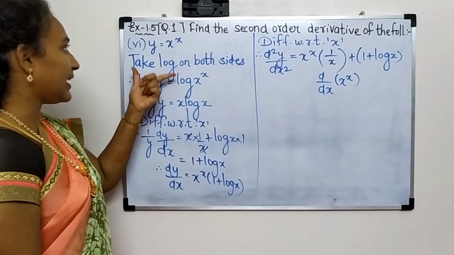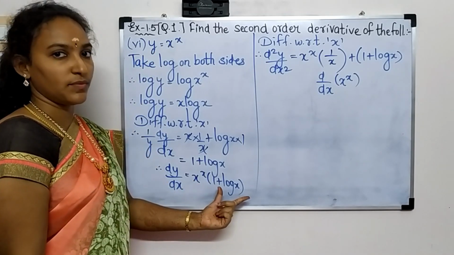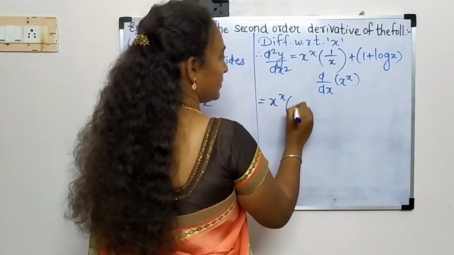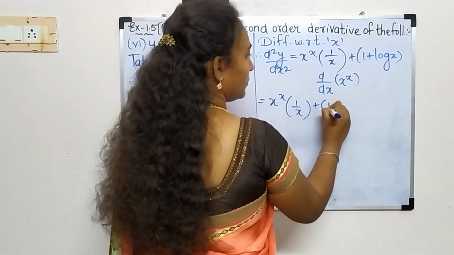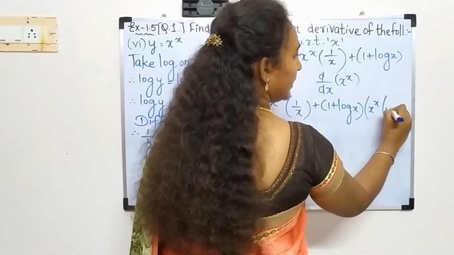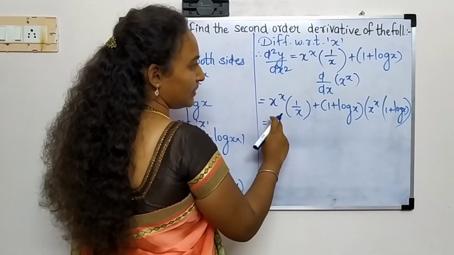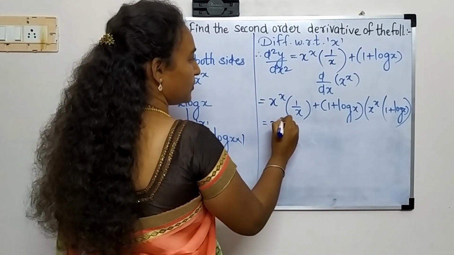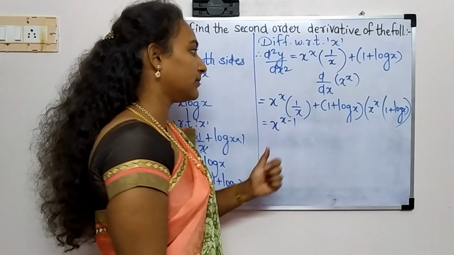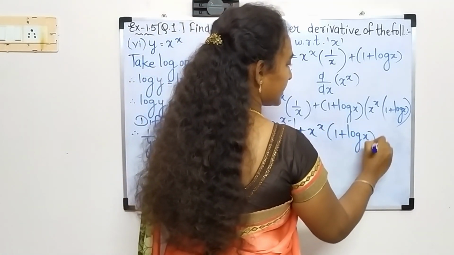Already we have calculated the derivative of x power x, that is x power x (1 plus log x). We can substitute over here. So this is x power x into 1 by x plus (1 plus log x) into x raised to x into (1 plus log x). So this will become x raised to x minus 1, because the power of x in the denominator is x raised to 1, plus x raised to x into (1 plus log x) the whole square.